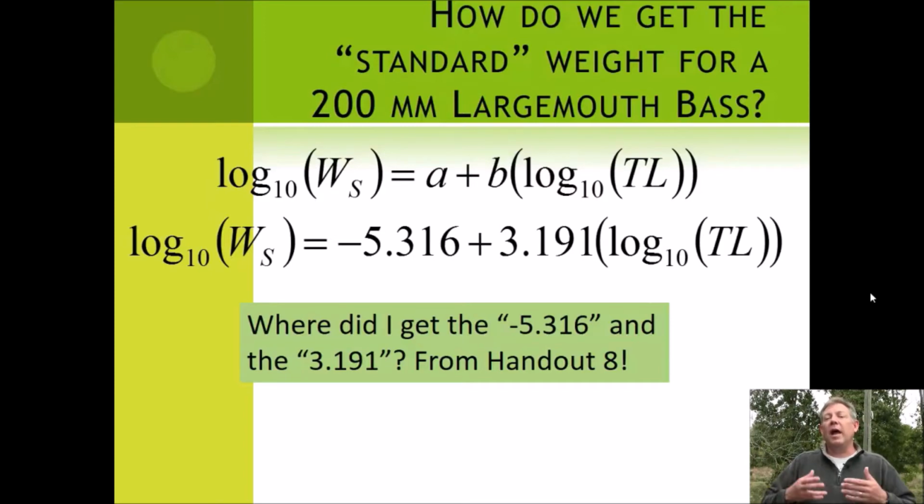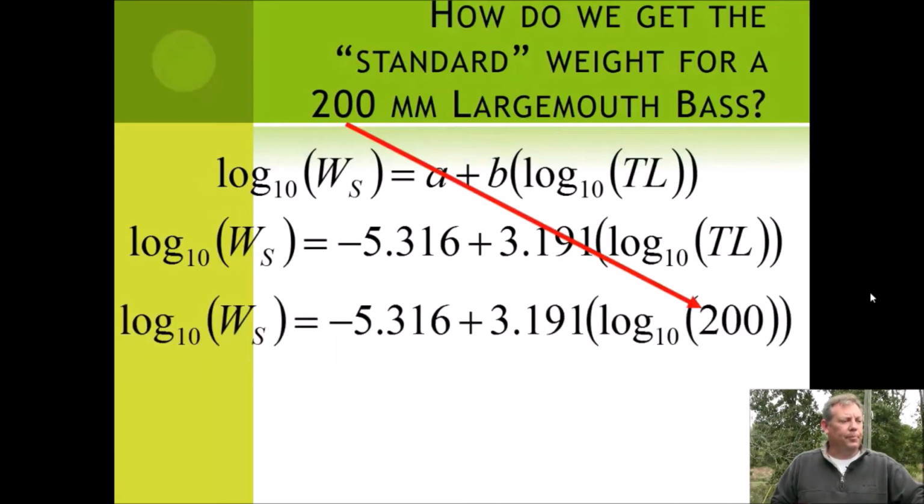That way everybody is comparing to the same standard. You'll notice here that the value of B is a little bit greater than 3, which is what we said earlier, that most of our fish species have positive allometric growth, where they grow a little bit faster than the cube of length. And so if I got a 200 millimeter largemouth bass, I just plug that in.